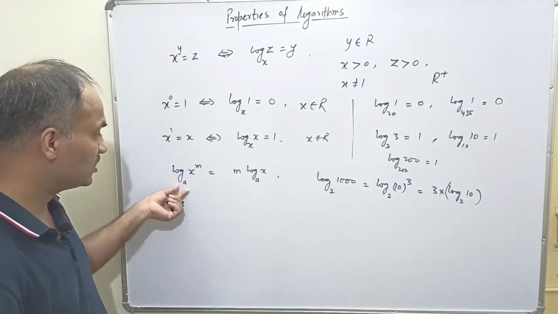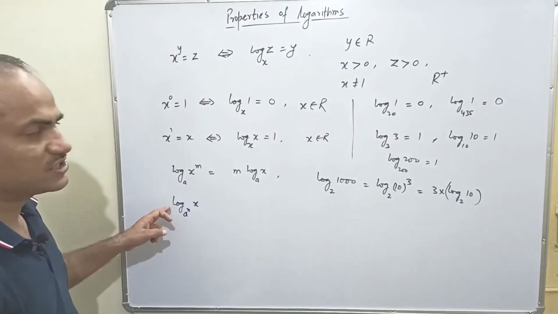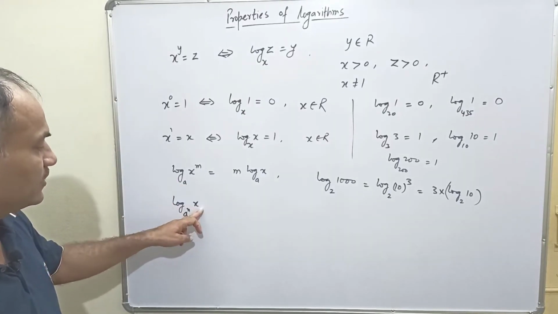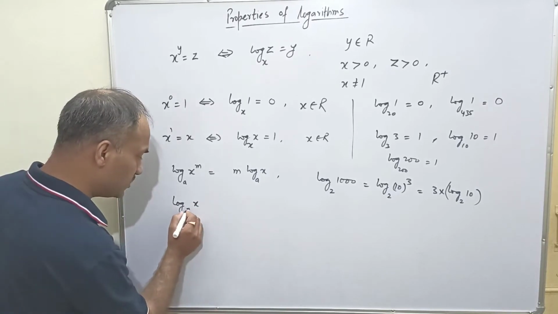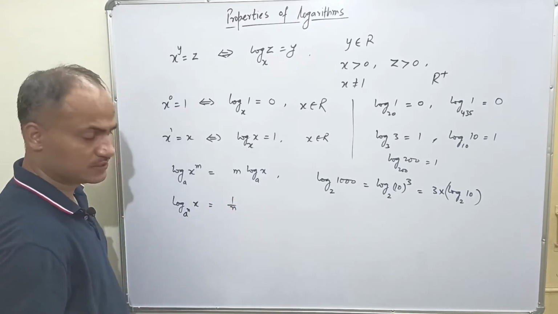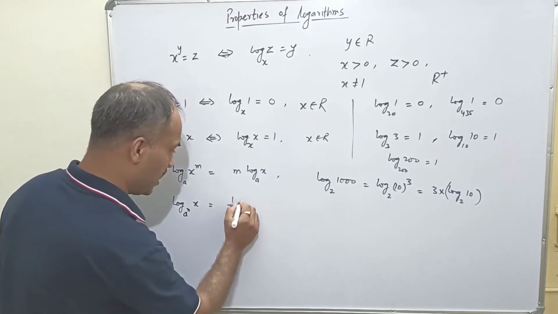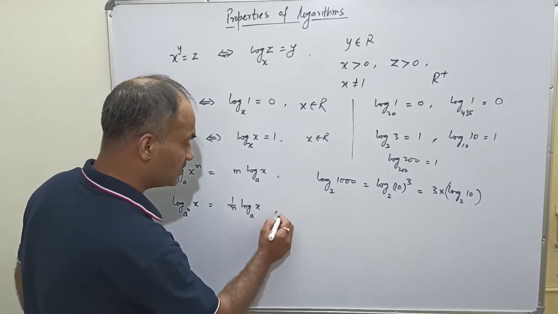Now, if there is any exponent or power on the base, what happens? If the expression is log of x where the base is a to the power n, then this power of the base can be removed. It will come as 1 upon n, and the remaining term will remain the same. Let us see an example of this.